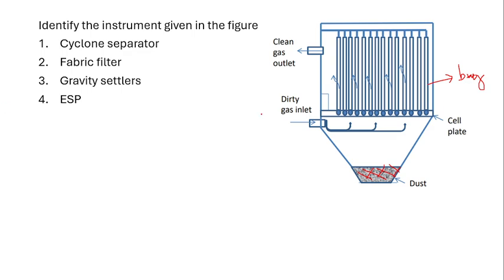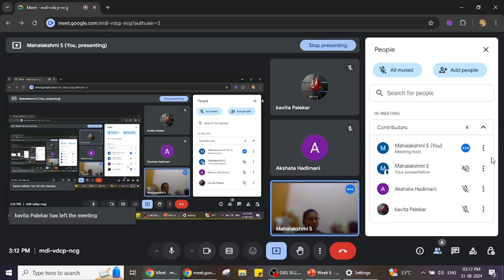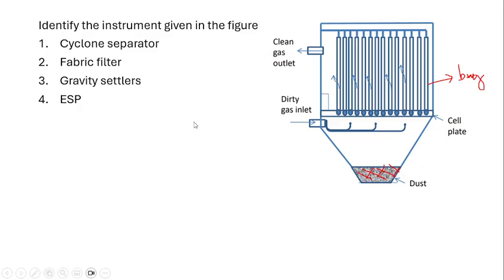So this instrument is a fabric filter. All the fabric filter, gravity settlers, cyclone separator, ESP, everything is to collect the particulate matter.